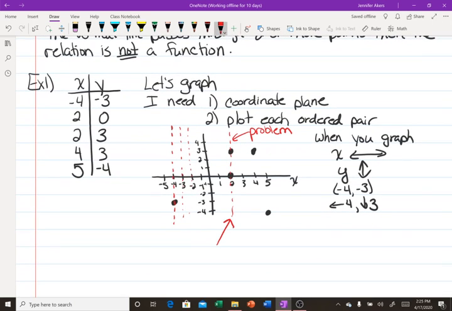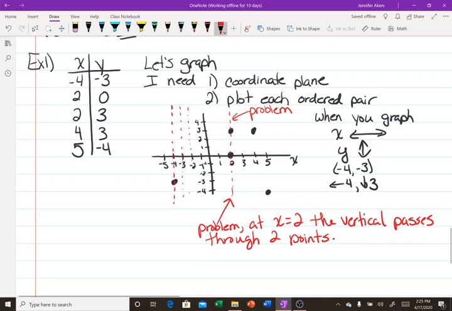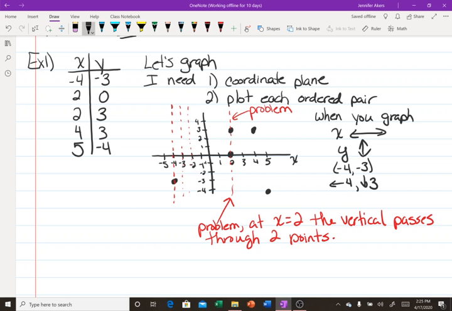Okay, so here's my problem. At x equals 2, the vertical line passes through 2 points. So I can say that this relation is not a function.